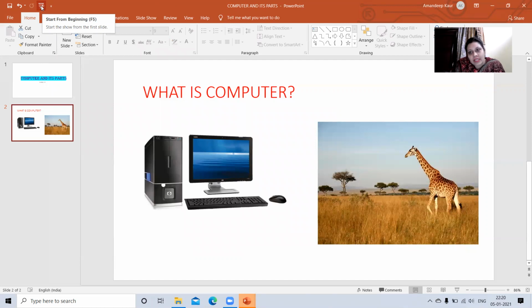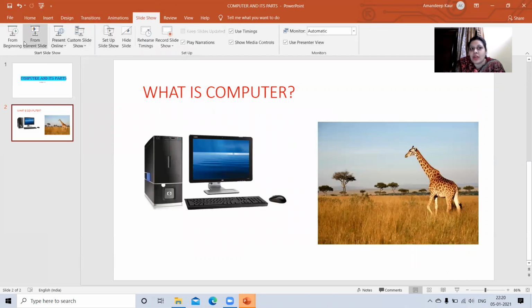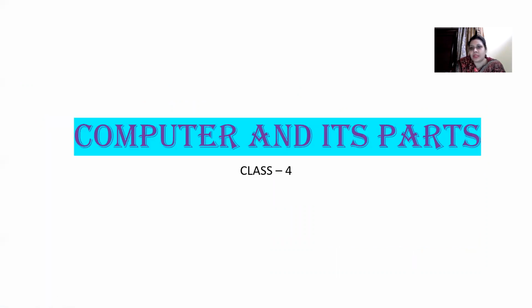And it is in the Quick Access Toolbar also. On the status bar there is one slideshow option, and there is also a Slideshow tab. From here we can go from the beginning or from the current slide. I'm going from the beginning. Now you can see the presentation has taken the full screen.